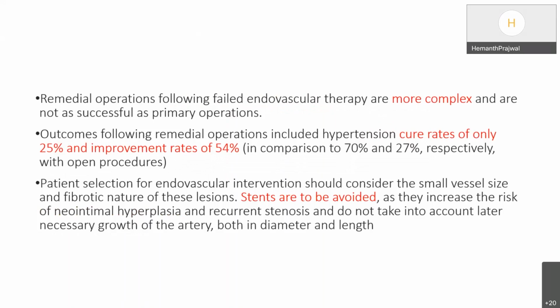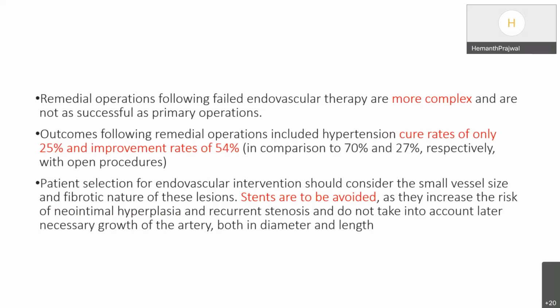Remedial operations following the failed endovascular treatments are more complex, and are often not as successful as the primary operations. And the outcomes following these remedial operations included hypertension cure rates only of up to 25% and improvement rates of only half the patients, whereas in comparison, surgery has 70% and 27% rates.